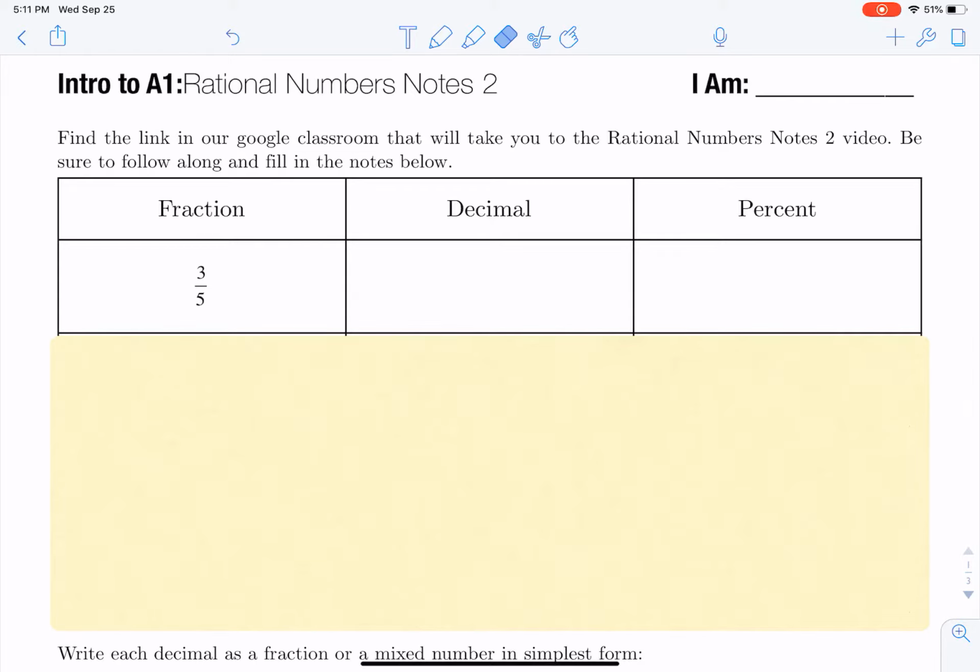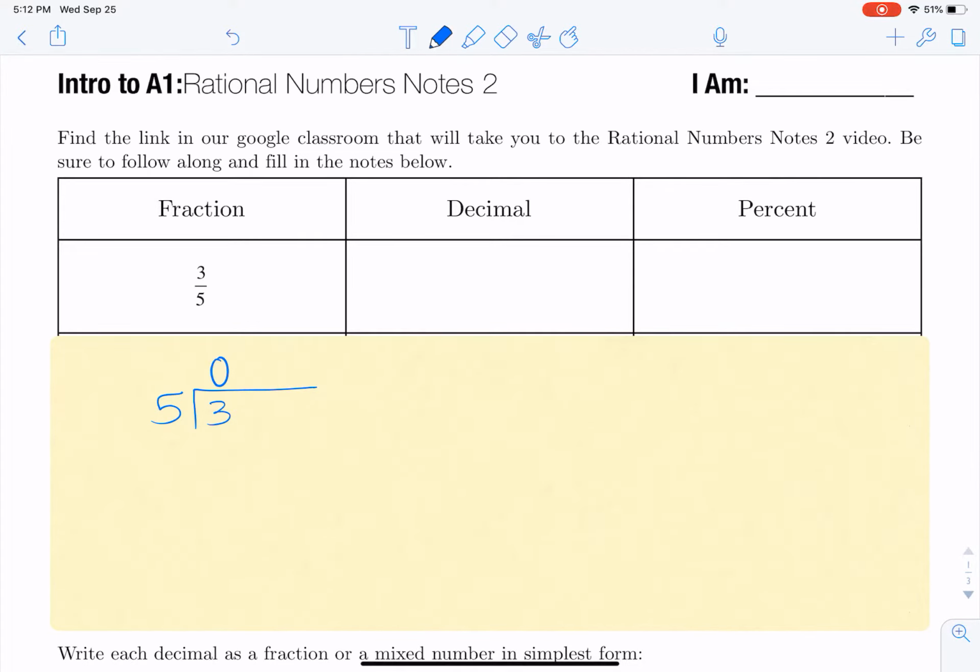I am going to move 3/5 into a decimal and a percentage. I'm looking at how many groups of 5 are within the number 3. When I do this long division, how many 5s are in 3?